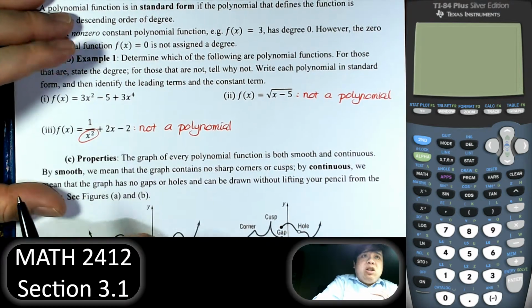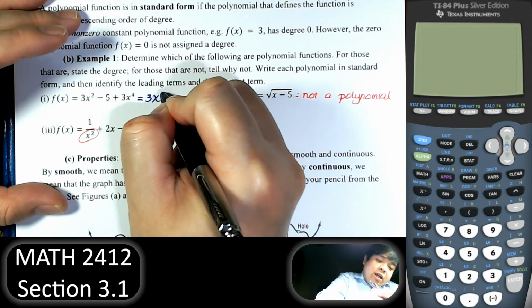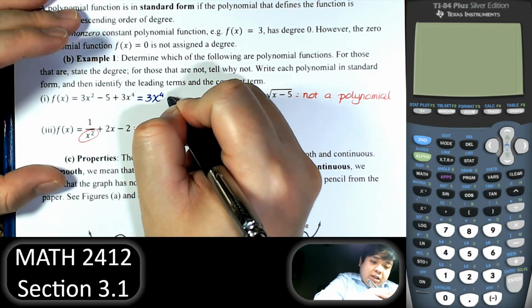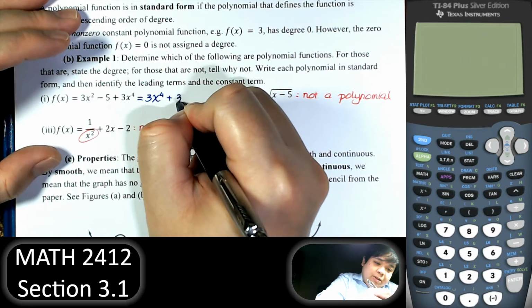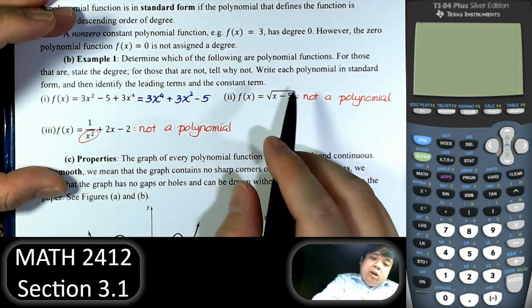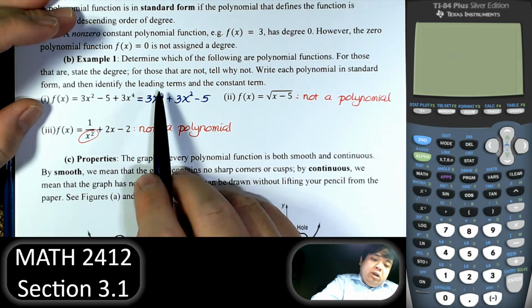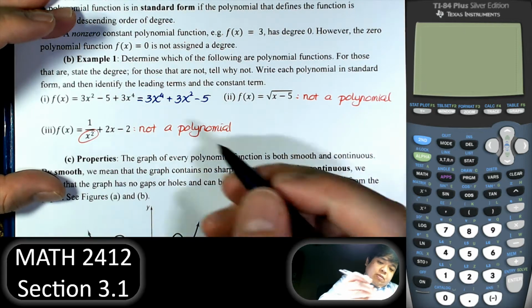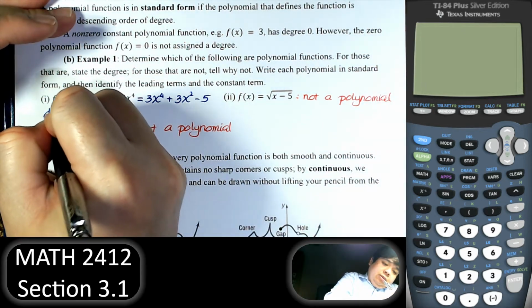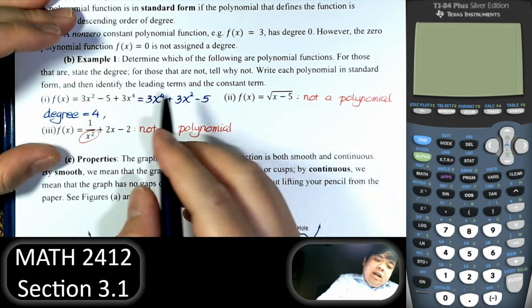Now this is not in standard form. In standard form, it is written as the decreasing power of x. If we state the degree, the degree is 4. And then define the leading term.